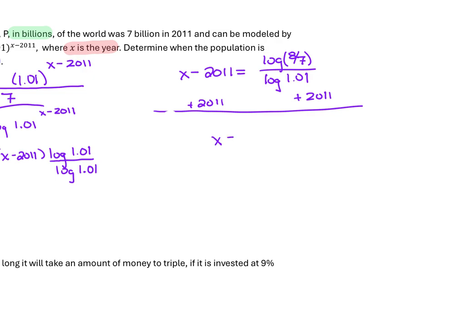And what we get is x equals log of 8/7 divided by log of 1.01. And then we want to add 2011 onto the end of that. All right, so when we do this, I get 2024.